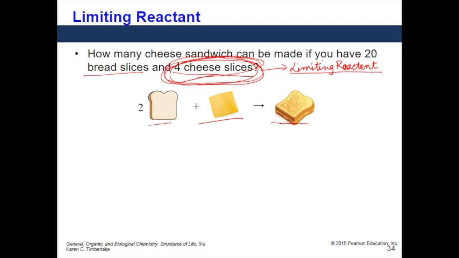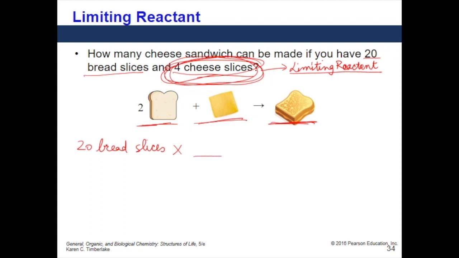And how can you solve this? When you're actually working with a chemical reaction, we use two conversion factors. We'll first figure out how much product is being produced from each reactant. So what do we have? We have 20 bread slices. So we'll use 20 bread slices and we'll figure out how many sandwiches we can make from here.